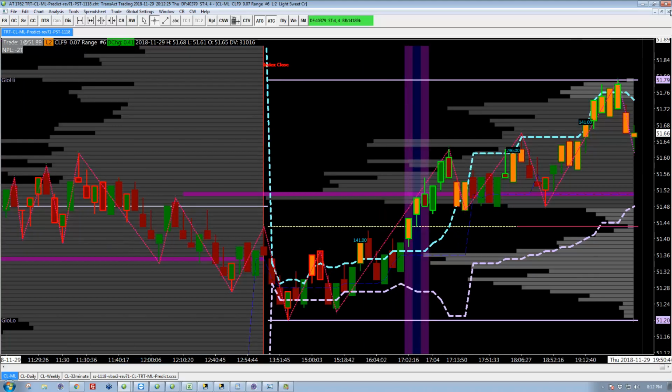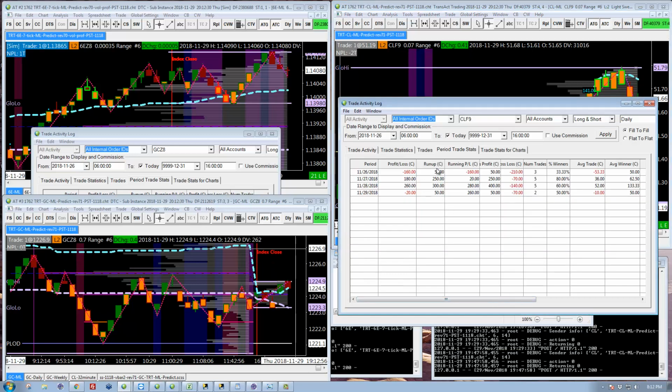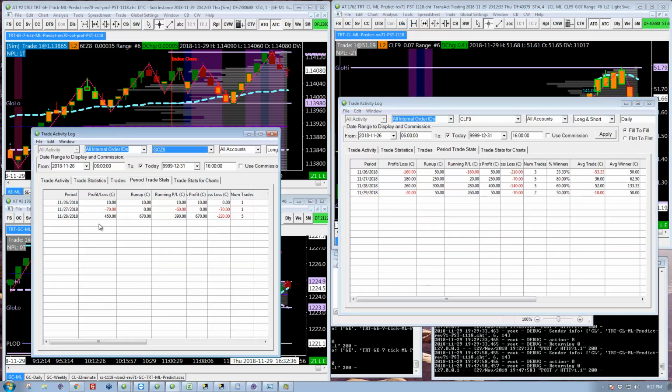Okay, so that's it. So week to date, I forget the numbers now, but plus 200 or something in oil, and plus 400 or so in gold. Oh, I know now. I'm looking at the wrong column here. So the running P&L is what I want, not the run up. Okay, so the running P&L is 390 on GCZ8, and then 100 on GCG9.